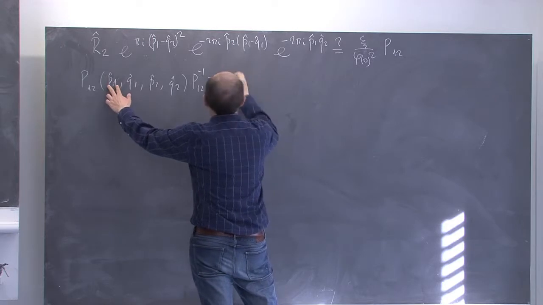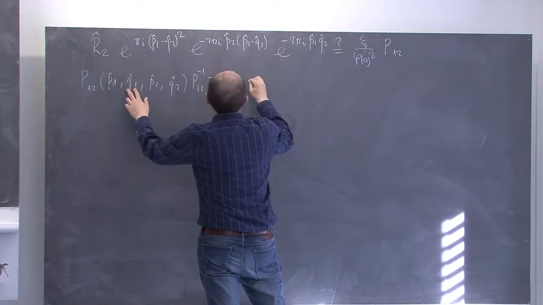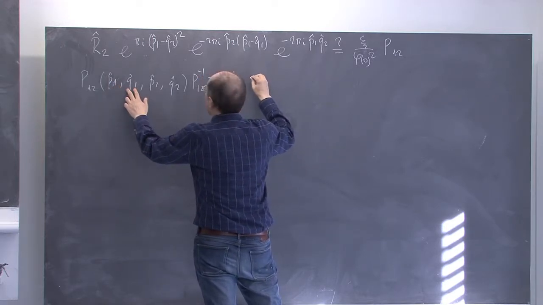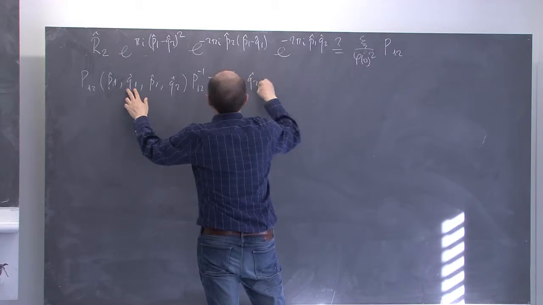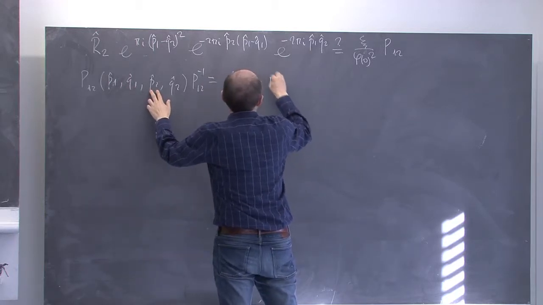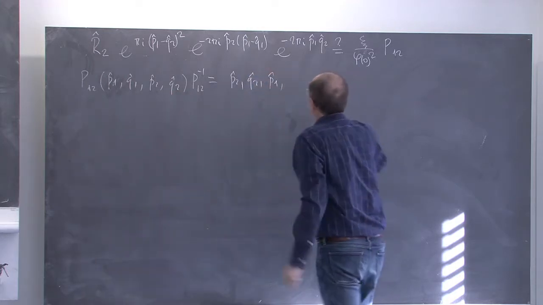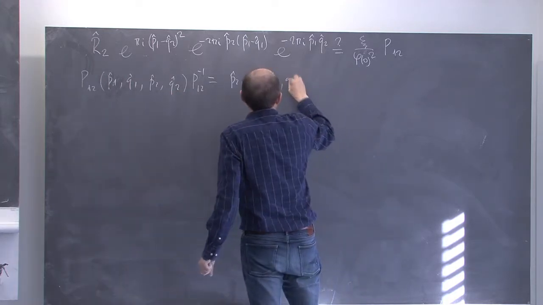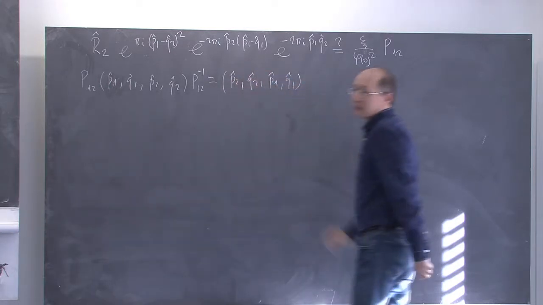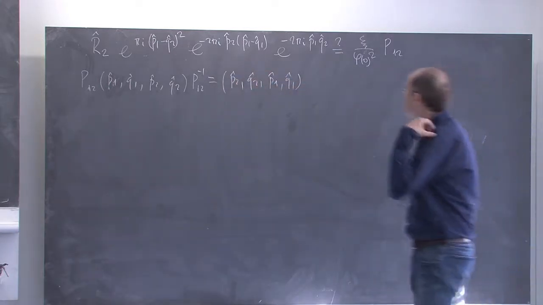Then P1 becomes P2, Q1 becomes Q2, P2 becomes P1, and Q2 becomes Q1. That's the defining property of the permutation operator.